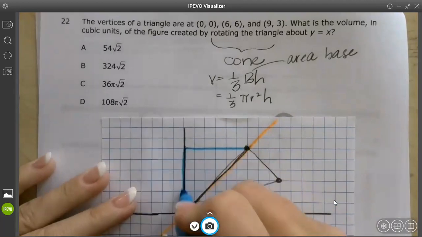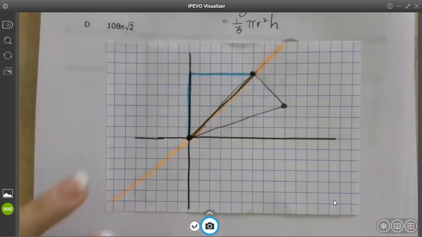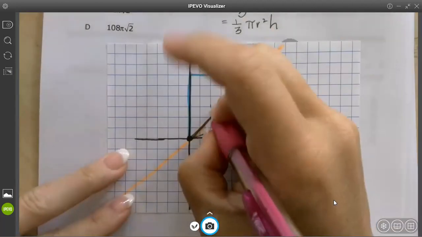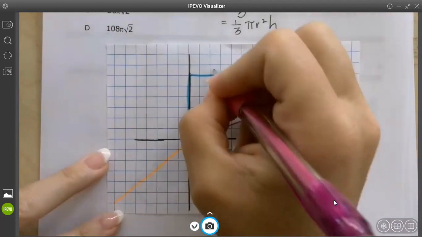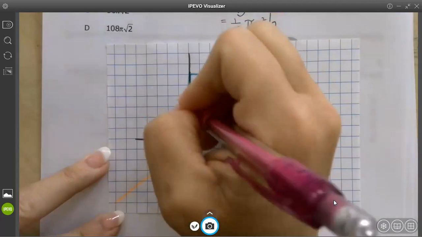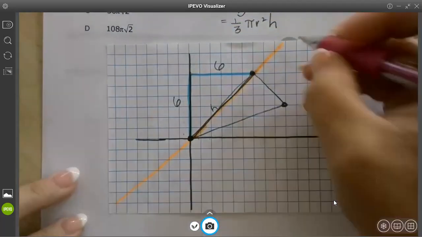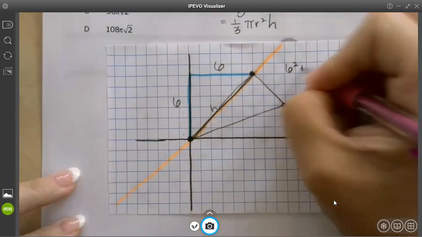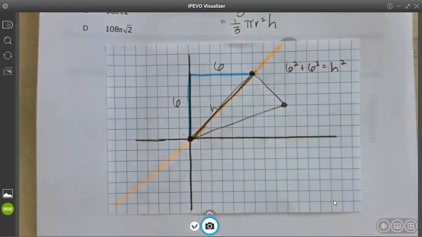So I'm going to figure out the height of this thing by doing Pythagorean theorem with that blue triangle right there. I want to figure out this H, this height. So I have 1, 2, 3, 4, 5, 6 for my A, and 1, 2, 3, 4, 5, 6 for my B. 6 squared plus 6 squared gives me my height squared.